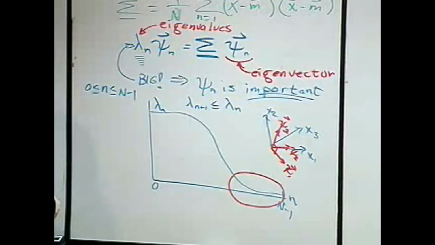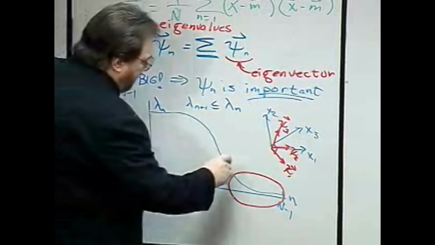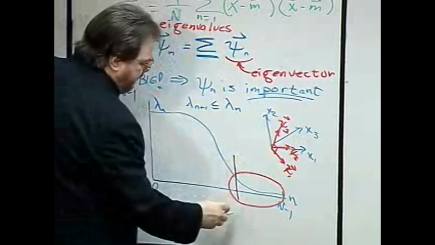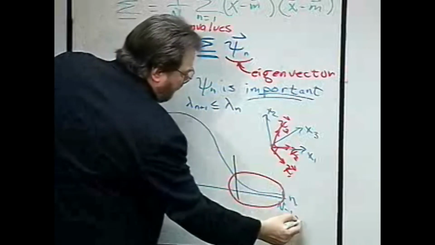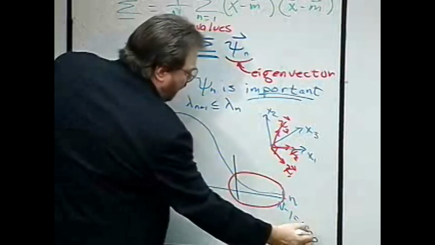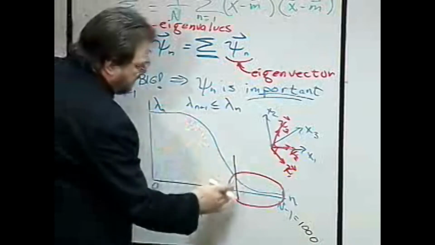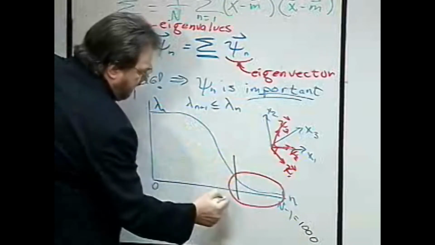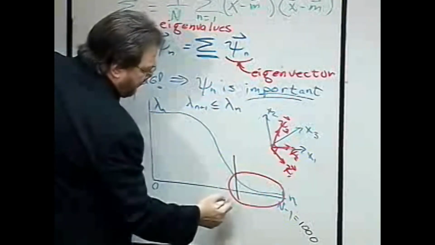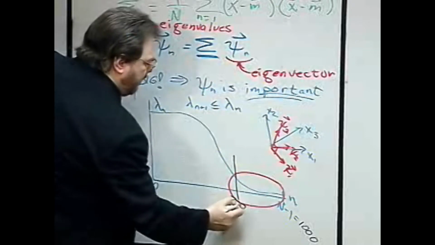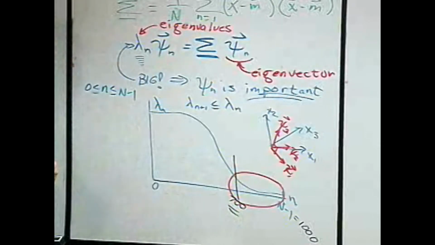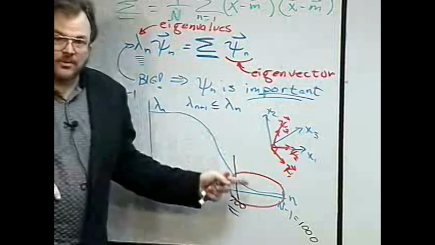So one makes a choice where to make the cutoff. Say n was equal to 1,000, and with our eigenvalue analysis we found that everything above 700 was essentially 0.